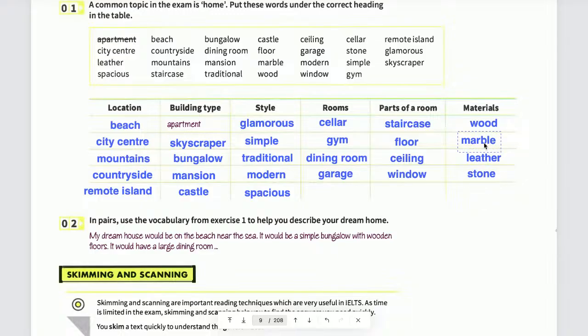Marble, yeah. Wood, okay? Yes? All right. Now, tell me, which word you don't understand? I think you understand most of them already, right? Which one you don't understand?